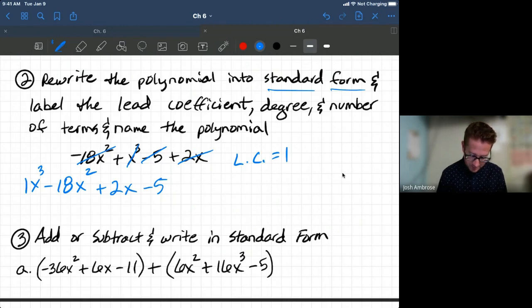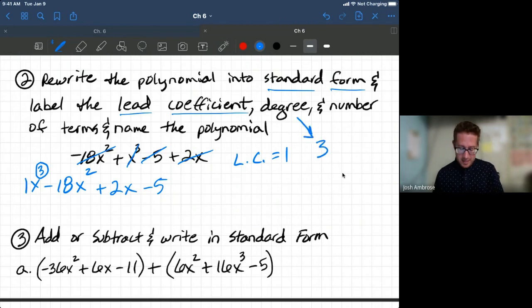We took care of that. Now, what is the degree? Look at every single term. Because the polynomial is broken up with multiple terms, which term has the biggest exponent? It's the first term. So always look at that first term. In this case, we're looking at the 3. So the degree is 3.